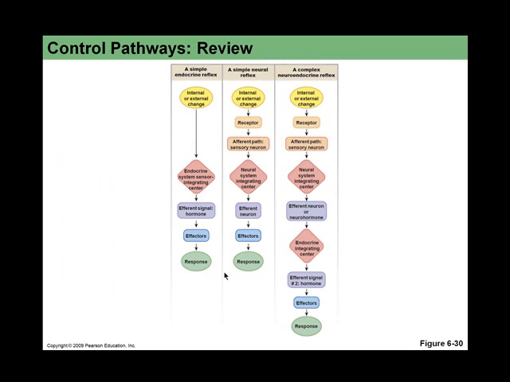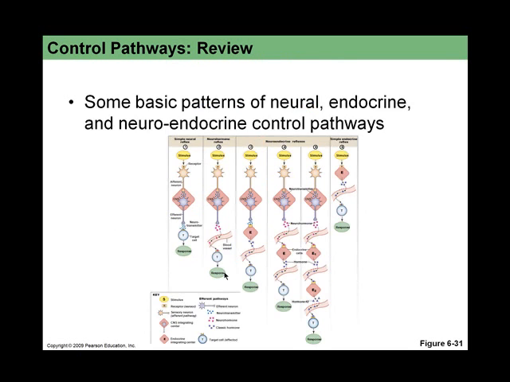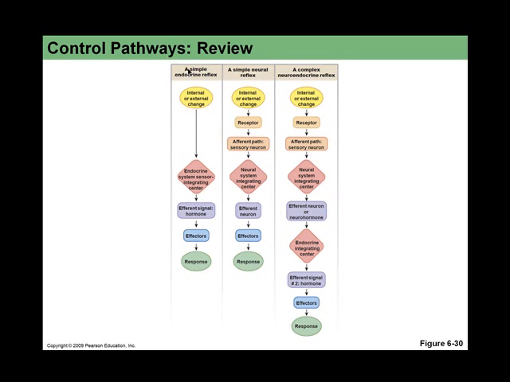Let's review the control pathways then. A simple endocrine reflex: the internal or external change, the endocrine system sensor integrating center is associated with that, and then we get the efferent signal, the hormone, to the effectors for a response.